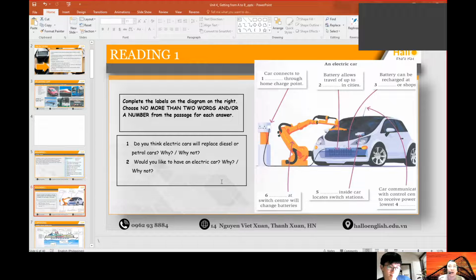So for me, for my own understanding and point of view, I think electric cars cannot replace diesel cars and petroleum cars. Why? Because diesel and petroleum cars can reach longer, farther destinations compared to electric cars.